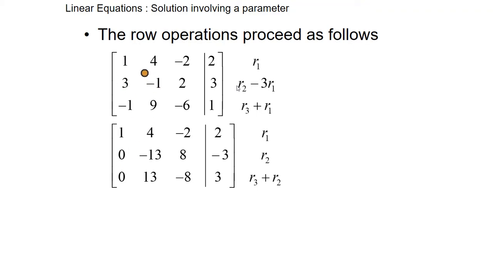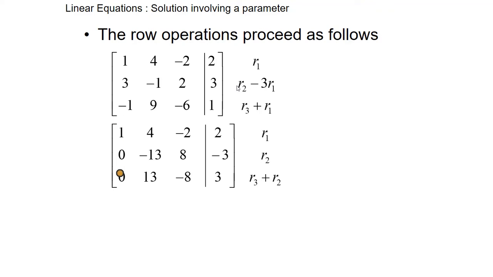We have minus 1 minus 3 times 4. We have 2 minus 3 times minus 2. 2 plus 6 gives us 8. We have 3 minus 3 times 2. That's minus 3. And then for our bottom row, we add on the top row.